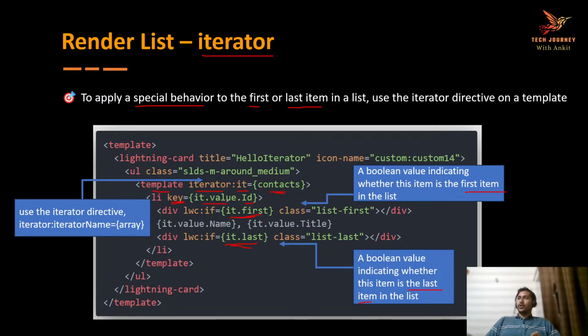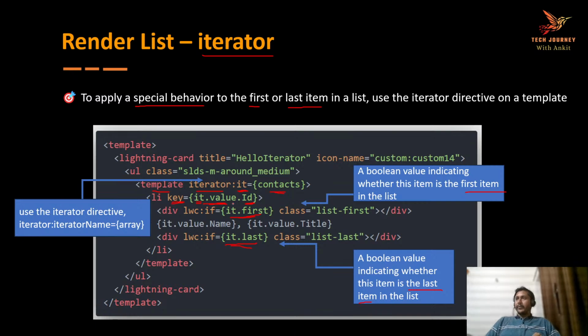Another key thing to note is that whenever we are accessing a value from the array, we have to use the iterator name, that is it, followed by the value and then the property name. So you can see writing this iterator is a bit more complex as compared to for each.